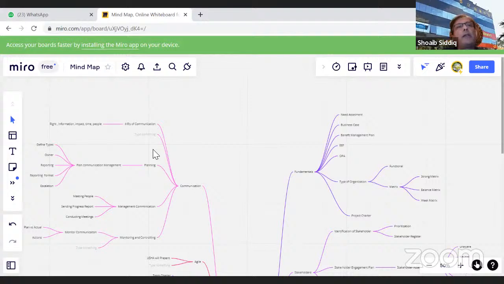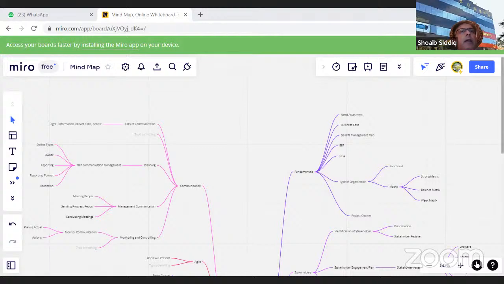The fourth part is escalation. Management of communication is meeting people, sending reports, agreeing on how to manage the communication and how the reports will be sent, what the frequency of the reports will be, and conducting meetings with the stakeholders.